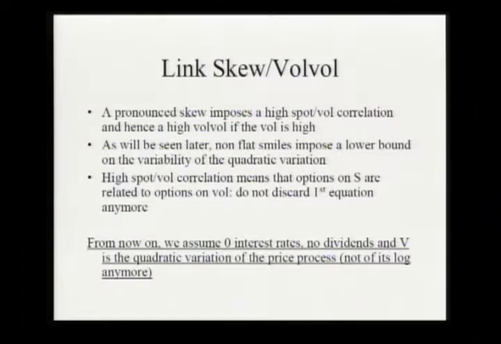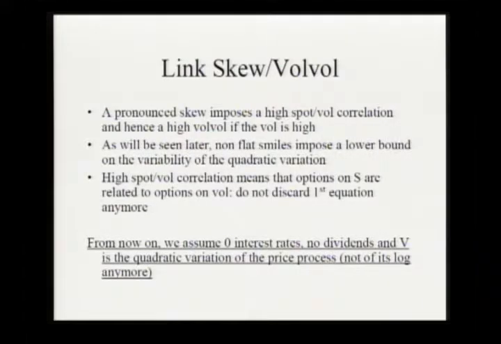Let me try to phrase it differently. If you have a strong negative skew, typically it means that volatility is supposed to be high when the spot price goes down. And you have a high correlation between the price and the volatility.